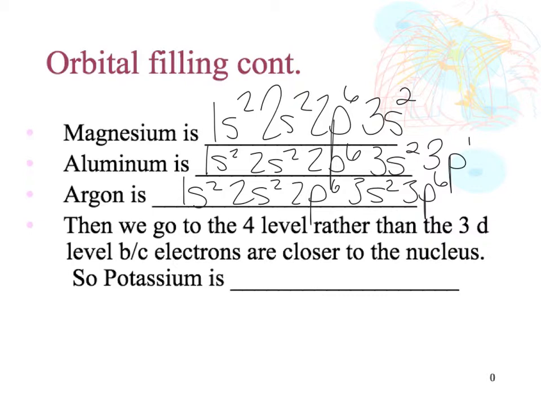I'll show you a way you can keep track of it. So taking a look at potassium, what you have here is an electron configuration that's 1s2, 2s2, 2p6, 3s2, 3p6, 4s1.